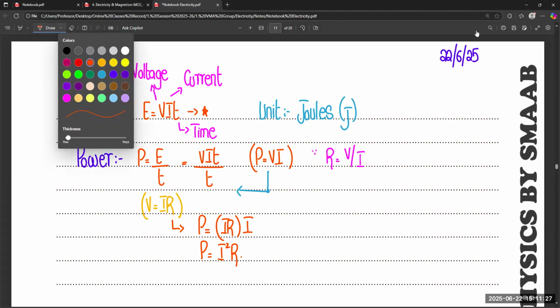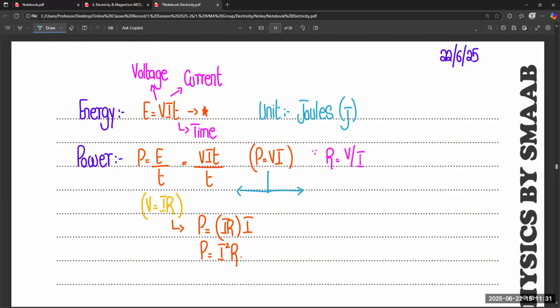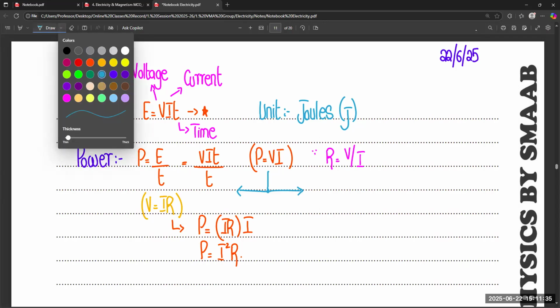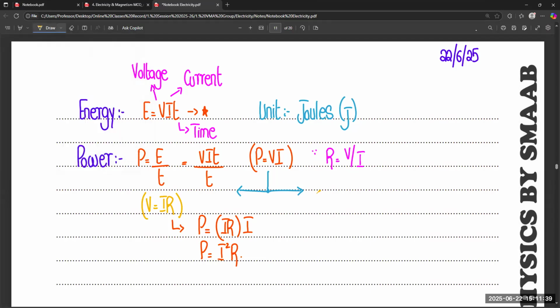And in the same way, for example, if we substitute the value of I from the power formula, I will be equals to V over R according to this resistance formula.